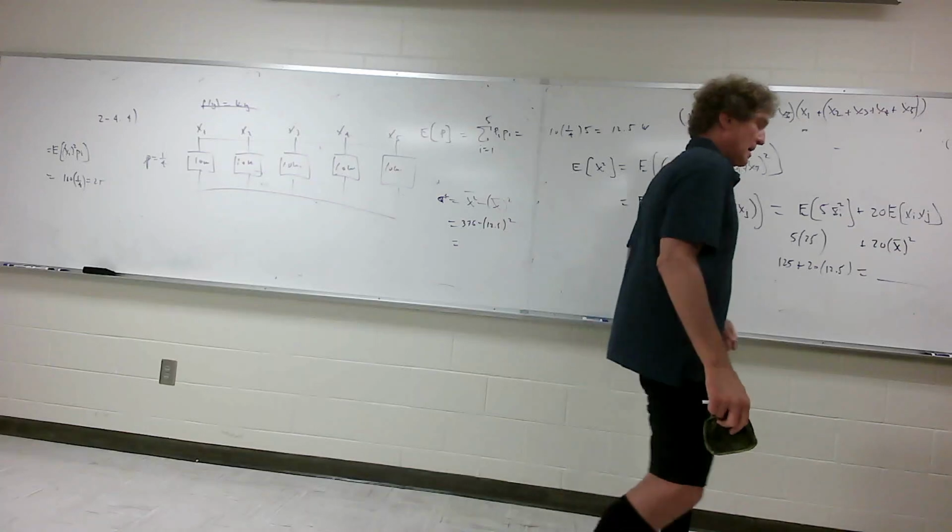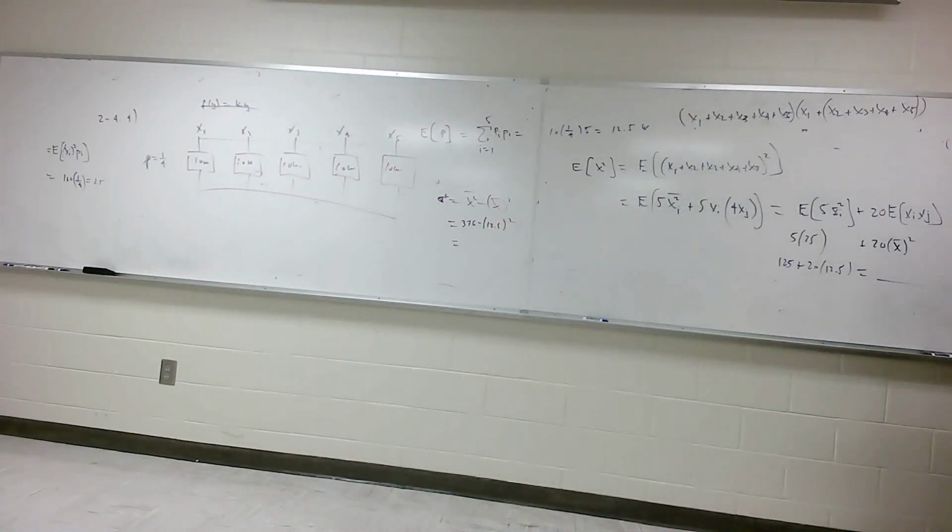This one, I worked this one. Hold on for a second. 25 should be the mean square value of one of them. Wait a second.